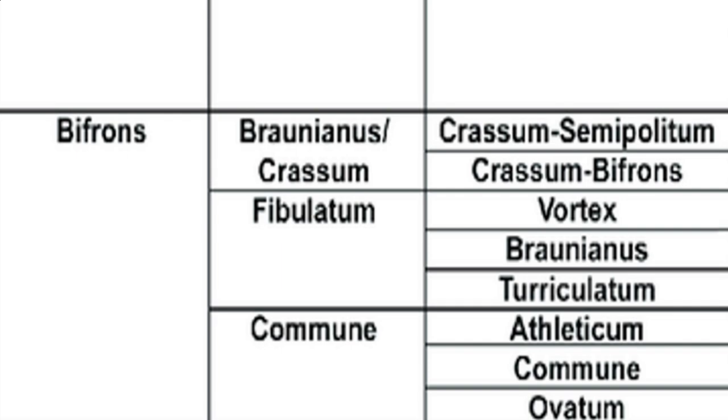Each zone in turn is then split up into subzones. So if again we take the most common zone that we find in Whitby, which is the Bifrons, that's split up into 3 subzones in Yorkshire. That is the Commune subzone, and the Fibulatum subzone, and the Crassum subzone.